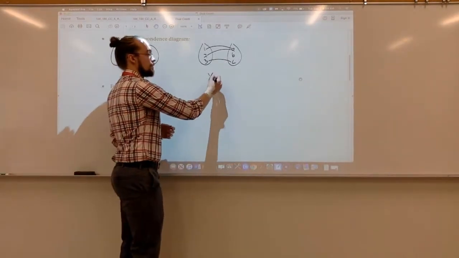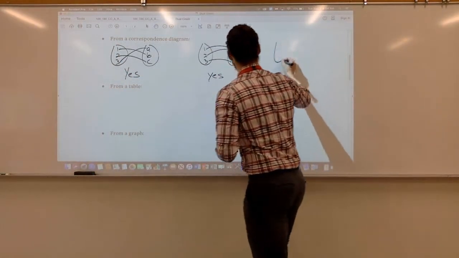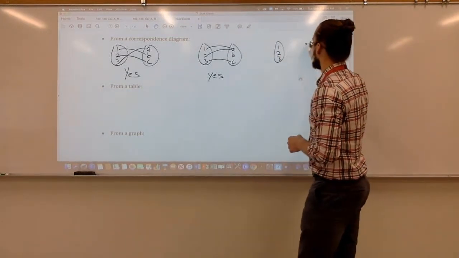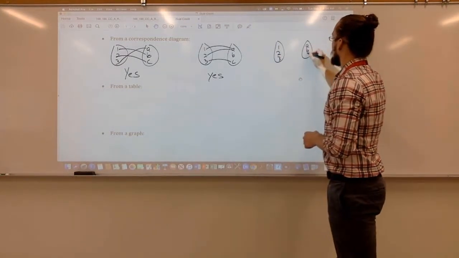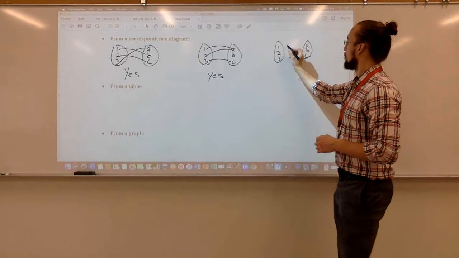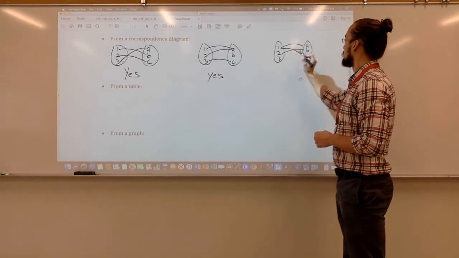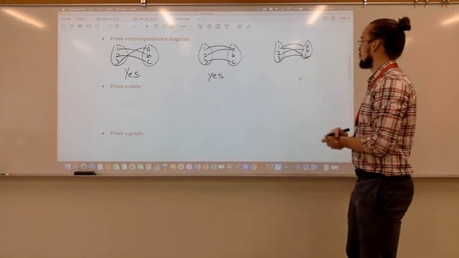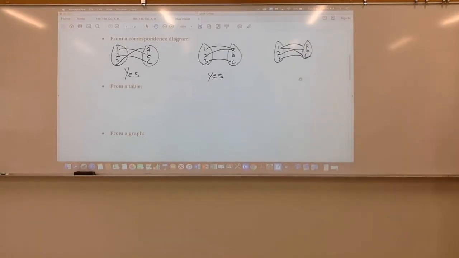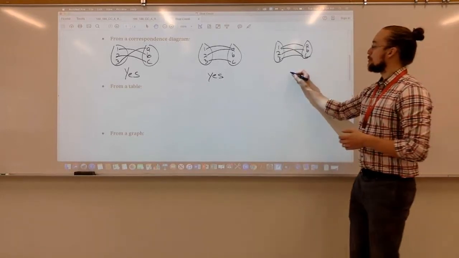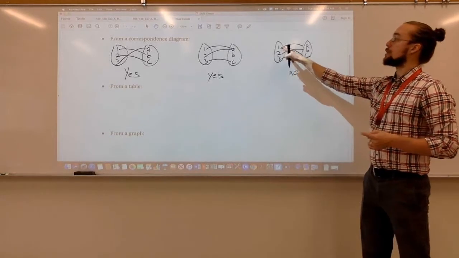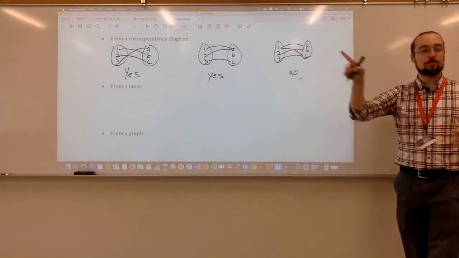But in this last example, we do 1, 2, 3, A, B, C, and we map 1 to A, 1 to C, 2 to B, and 3 to C. Something like this. This one is not a function, because 1 is being mapped to 2 different values.